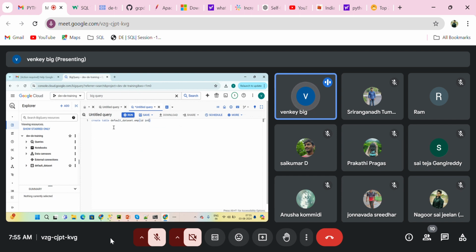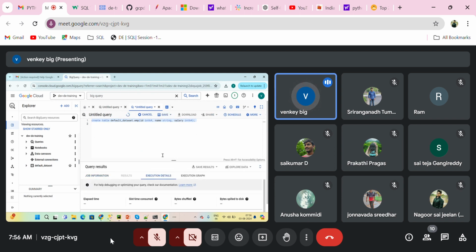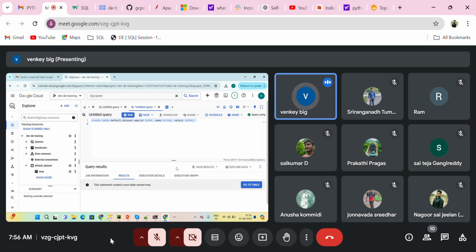BigQuery data types are a little bit different, guys, so we'll discuss them. It is the same SQL compliant, guys, so you can run your SQL pretty well in BigQuery. Here, if you see, it has created a new table called EMP, and as I told you, it will support all your SQL queries, but not all the functions, I can say.